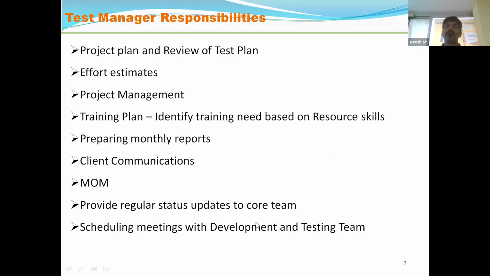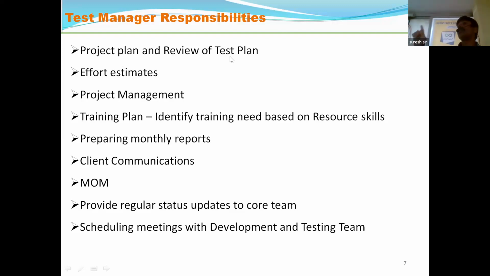Okay, right. Let's understand what exactly these points mean and how we take care of them. If I take the test manager, what is the first point we have? Project plan and review of test plan.